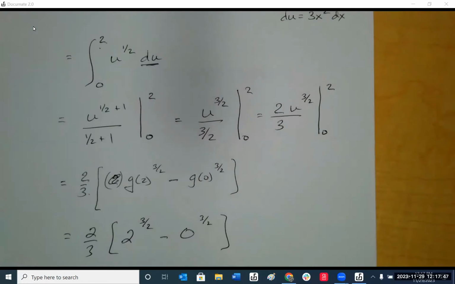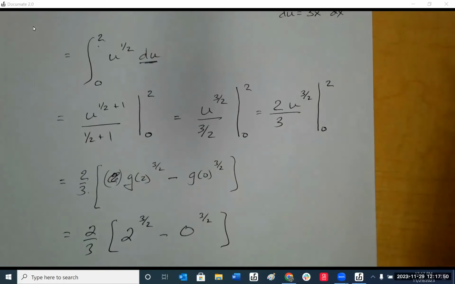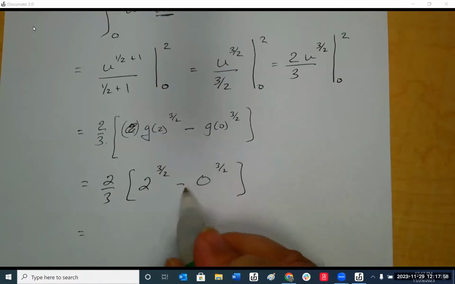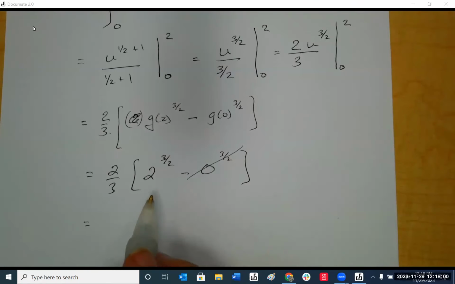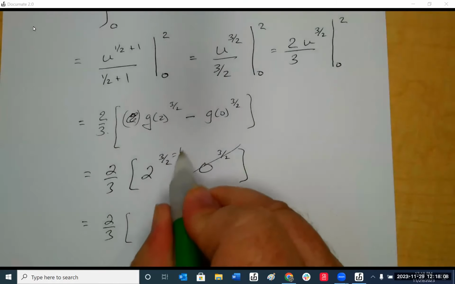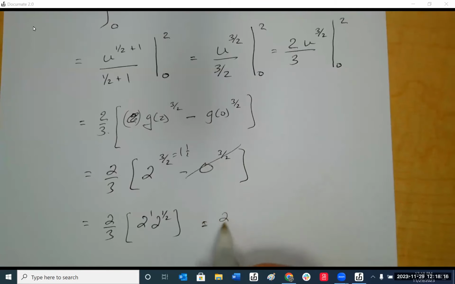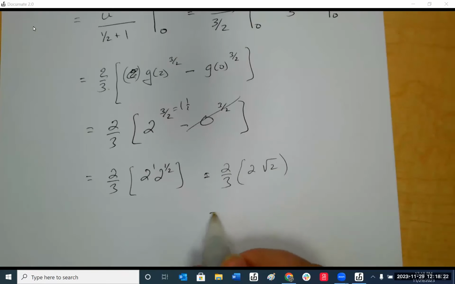That's what u is. So that's 0. So 2/3 times 2 to the first, 2 to the 1/2, or 2 square root of 2 over 3.